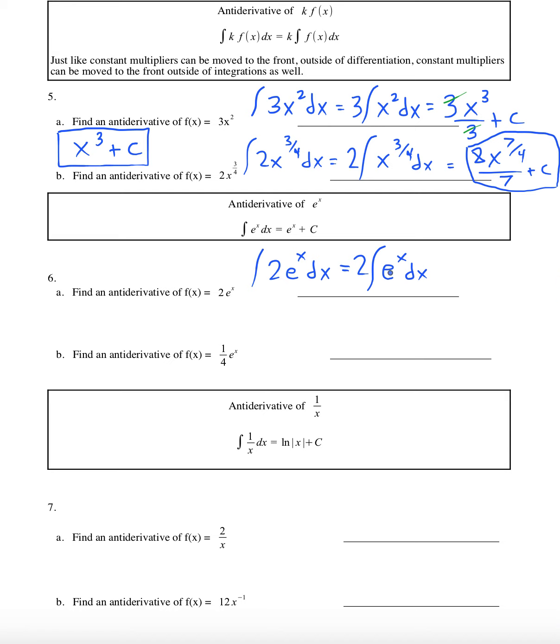Okay, now the antiderivative of e to the x is itself plus c. So let's put our 2. We always have to bring our constant onto the next step. And then write our antiderivative, which is itself. And then put plus c, and it's done.